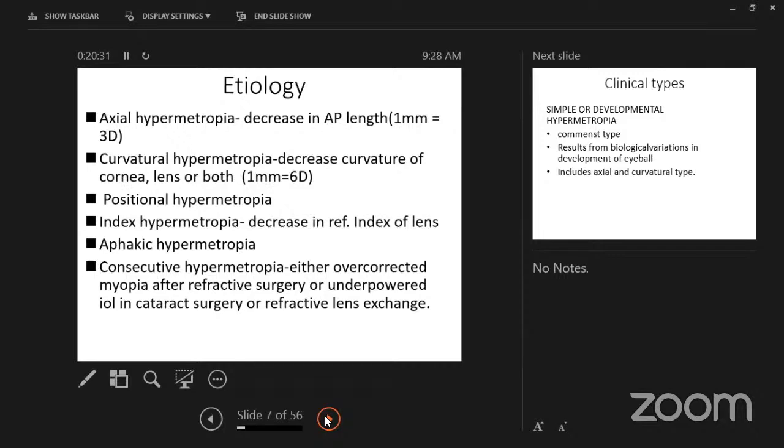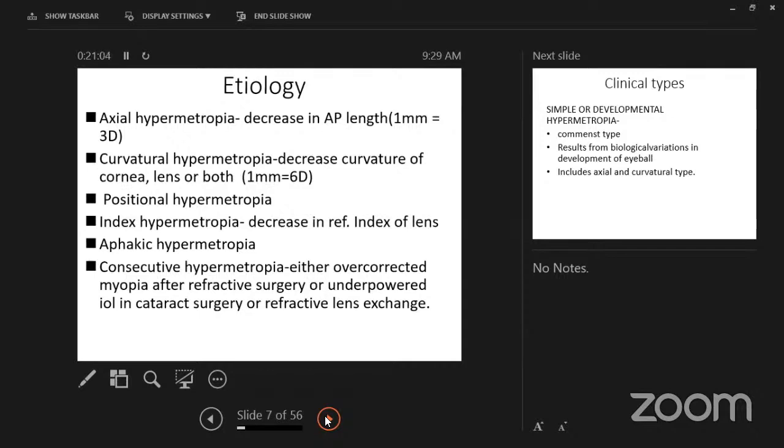Sir, 23.8 minus the axial length we get from that picture. No, but we are not measuring the axial length. We just have the refractive error of the patient, and we are asking you to calculate the IOL power.